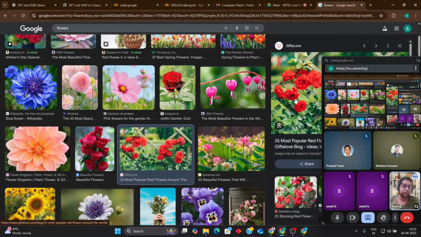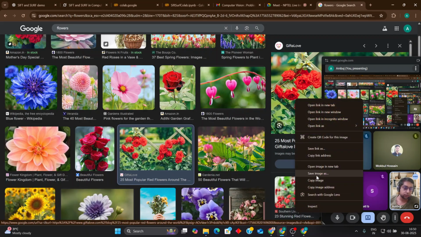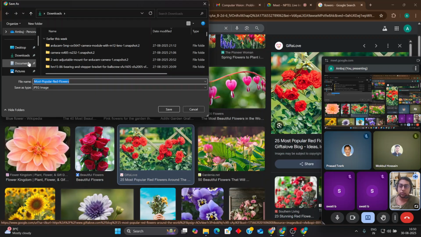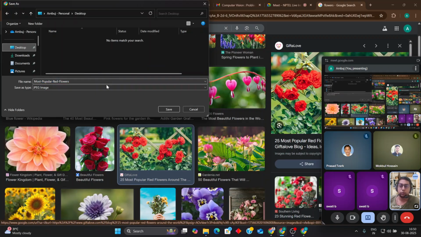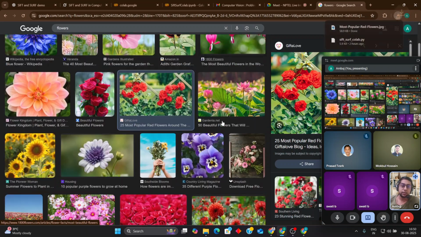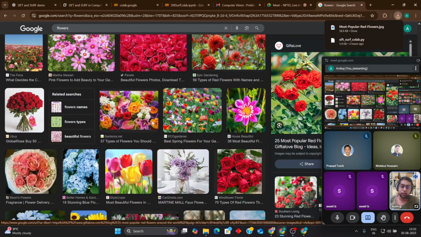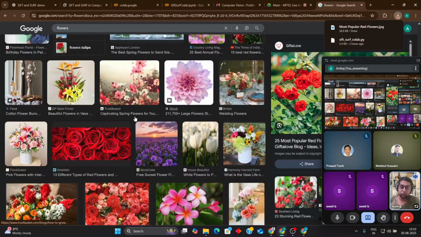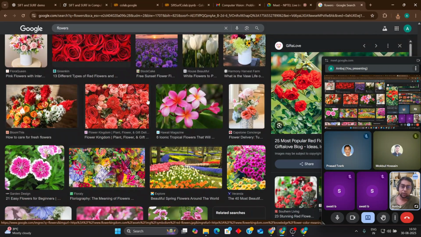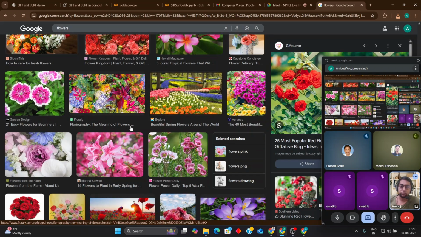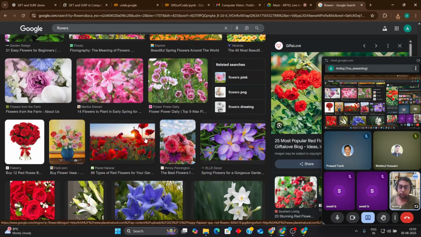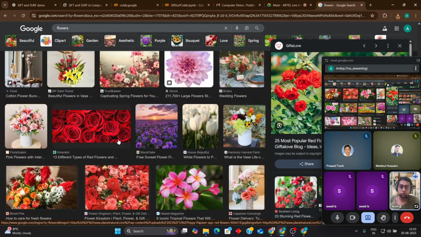Let me save any of this image. Save image on my desktop. Let me save one more image, so I won't be having any dearth of data set. Which one should I choose?